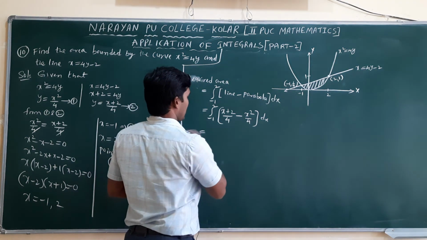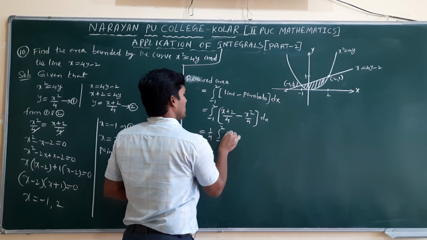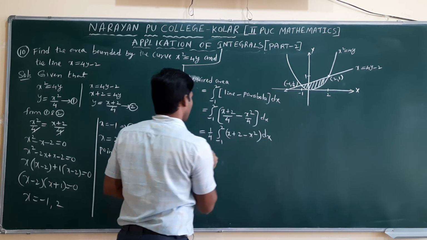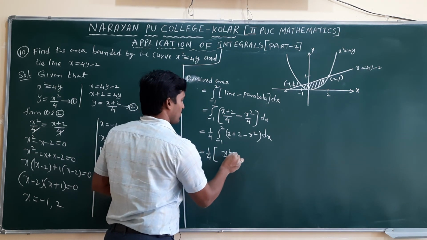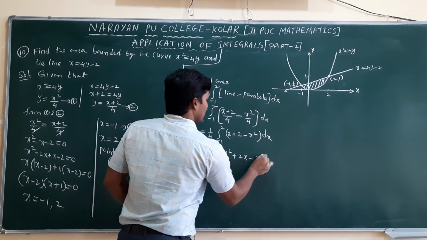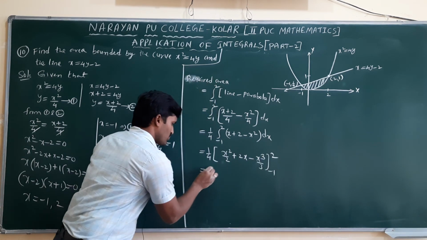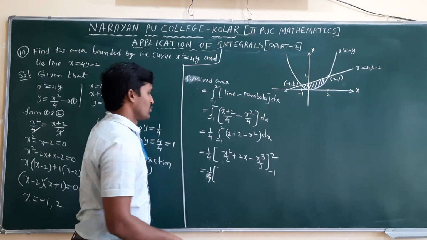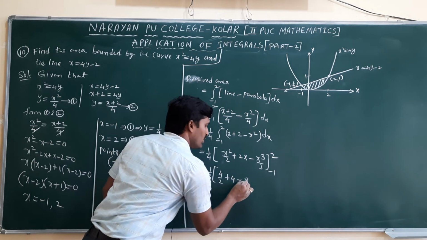LCM is 4. Take LCM 4 outside: 1 by 4 into the integral from minus 1 to 2 of x plus 2 minus x square dx. Now 1 by 4 times: the integral of x is x square by 2, the integral of 2 is 2x, the integral of x square is x cube by 3. Substitute the upper limit: 2 square is 4, by 2; 2 twos are 4; 2 cube is 8 by 3.